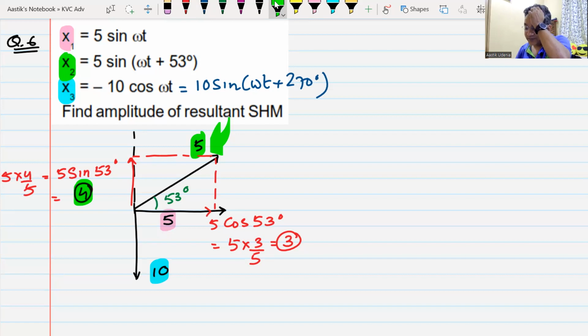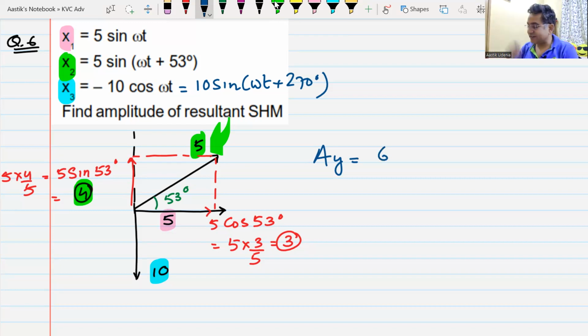How much will remain here? The y component of the resultant amplitude will be how much? Ten is down, 4 is up, so 6 remains, 6 downwards.